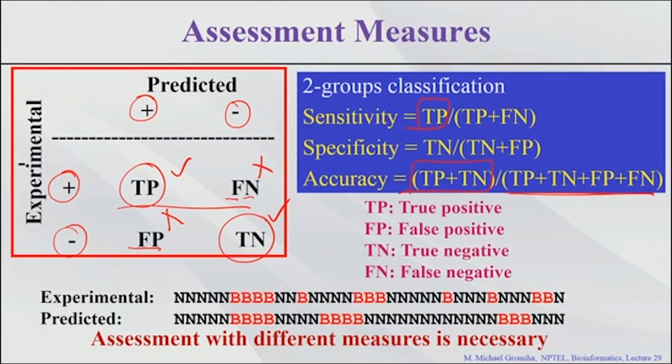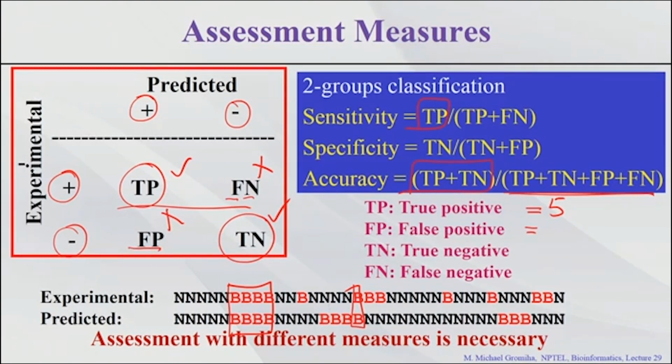I give one example here. We have 2 different sequences, one experimental and one predicted. B means binding, which is positive, and N is negative. How many true positives? True positives means positives predicted as positive. How many true positives? 5. How many false positives?